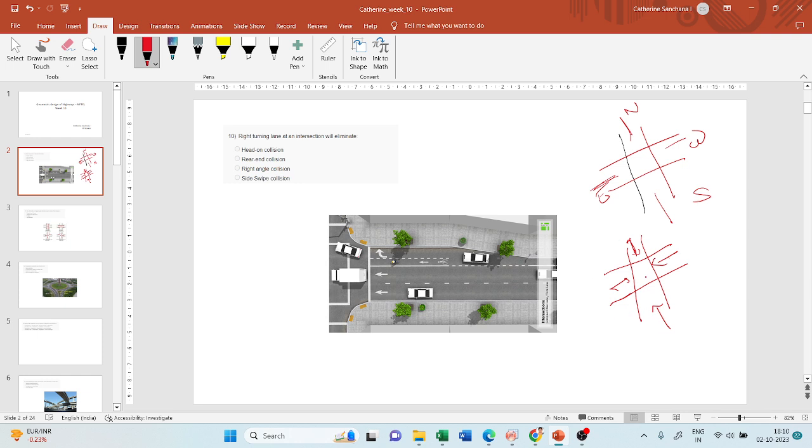These 4 extensions are called legs. The vehicles which move straight ahead are called through vehicles, because they go straight without making any turn. The vehicles which go to the right are called right turning vehicles, and the vehicles which go to the left are called left turning vehicles.